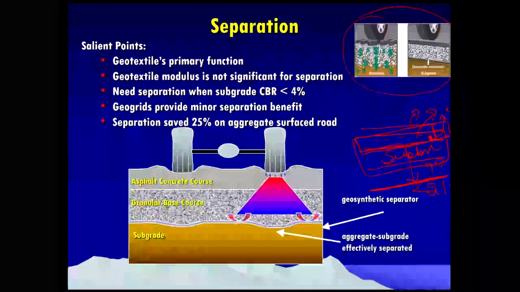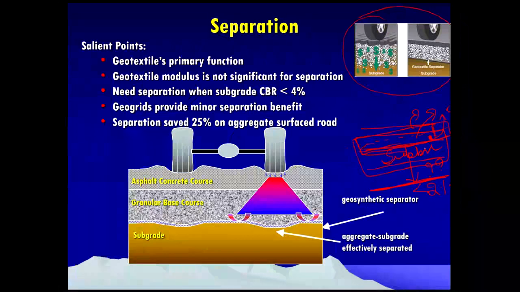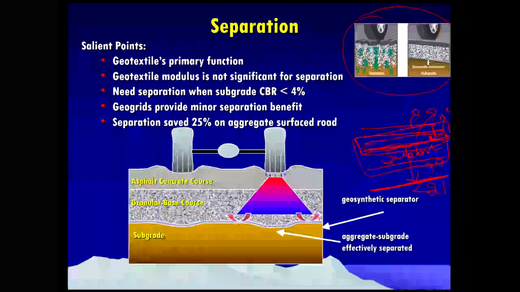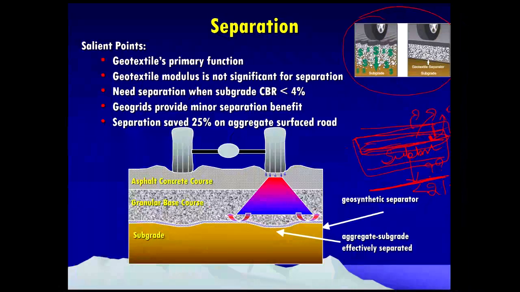Here we can also use a separation function, but separation is something different. It gives a function such that it segregates this layer and this layer, so intermixing of the two materials will not happen.